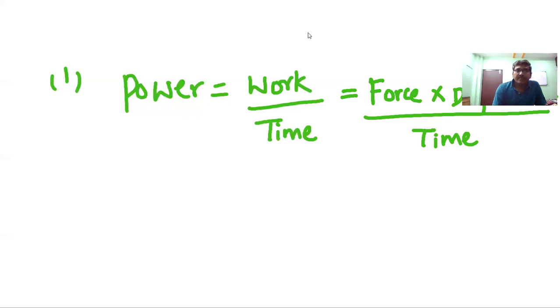Here, the force dimension formula is mass into acceleration, M L T minus 2, into displacement, whose dimensional expression is L, and time is T. So L into L, L square.